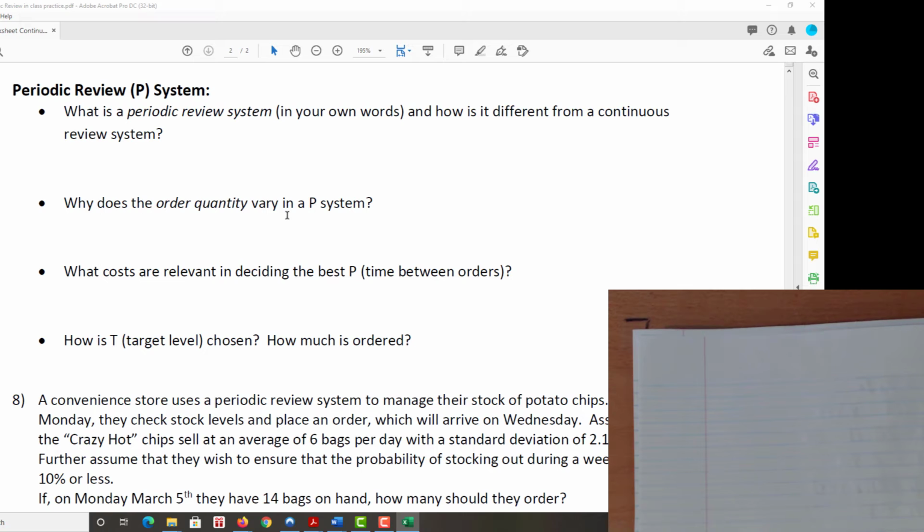Why does order quantity vary in a P system? Well, because demand varies. We do a regular review, but that regular review is done at certain time intervals. How much demand actually occurred in any given interval can differ from interval to interval.